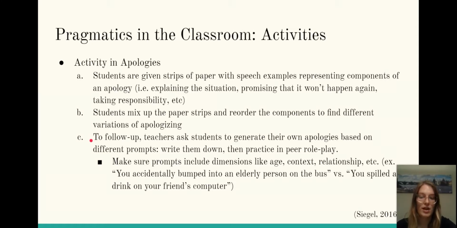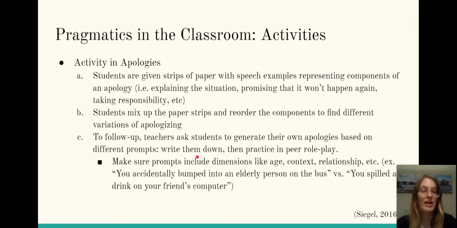So to follow up in the activity, teachers can ask students to generate their own apologies based on different prompts, including dimensions like age, context, and relationship, to also practice speech register during this activity. And they can write down their apologies or talk about them with their peers.